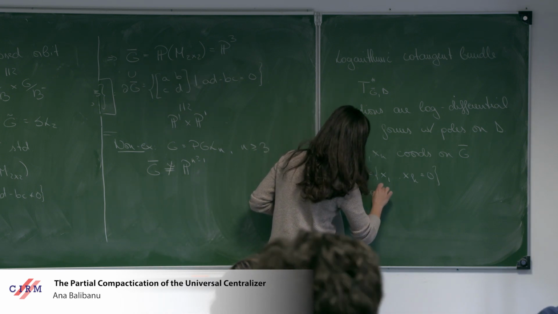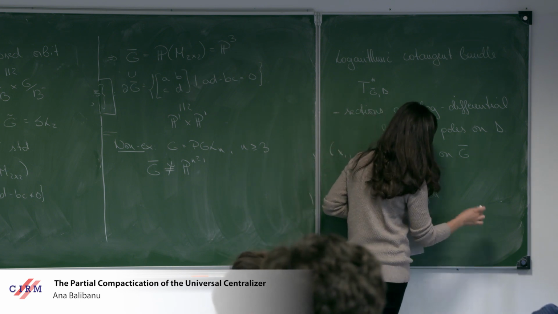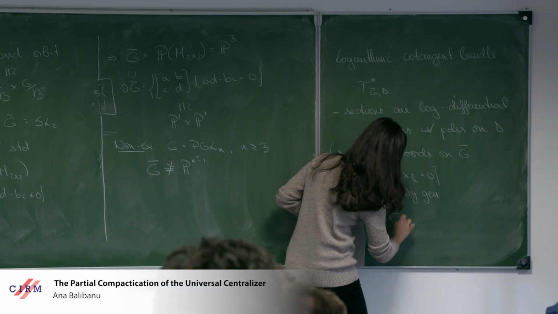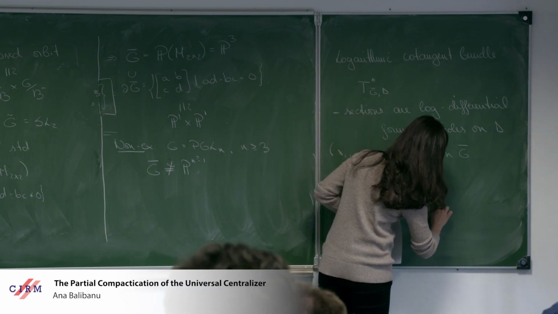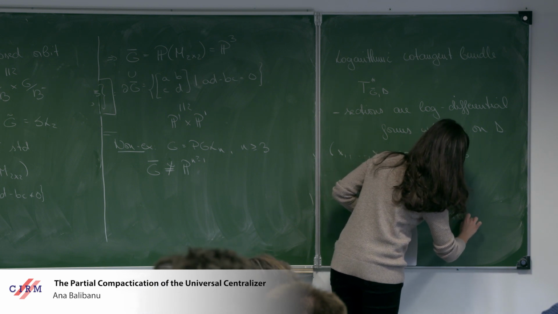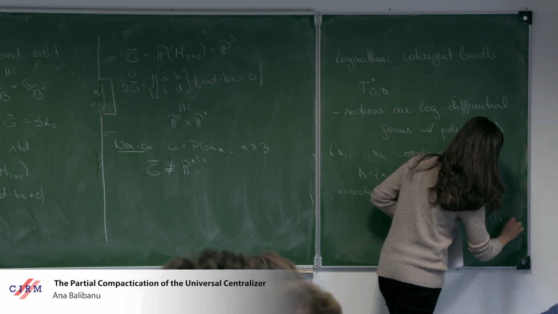are generated by dx1 over x1 through dxk over xk, and then dxk plus 1 through dxn.